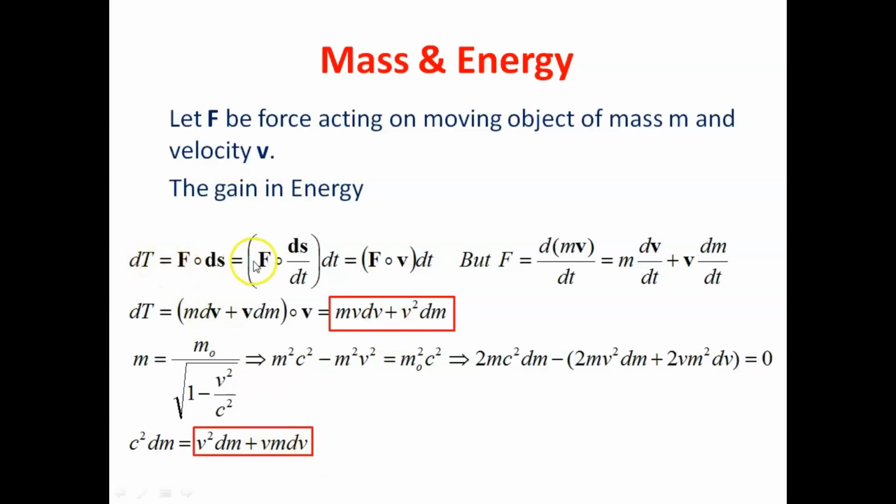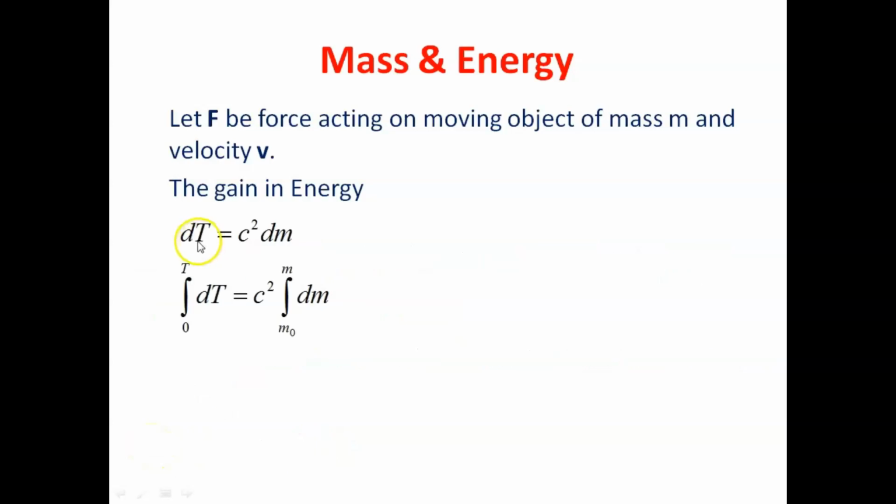In the first equation we have the same quantity m v dv plus v square dm, and in the second we again have v square dm plus v m dv. Comparing these two equations, we can write dT is equal to c square dm. Therefore dT equals c square dm.